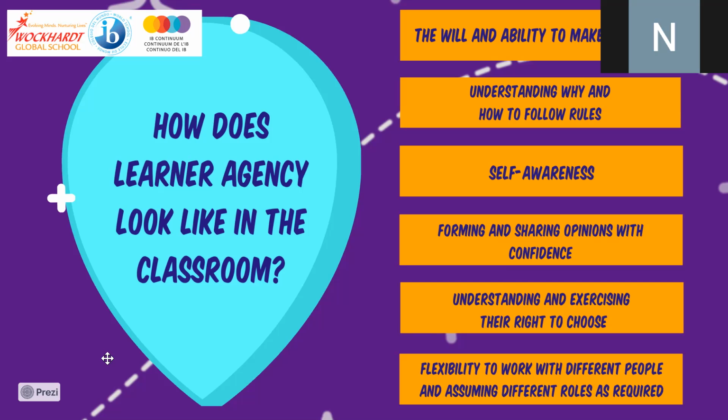In some settings, you'll need to be the leader. In some settings, you need to take a back seat and let other people lead, because that might be their strength at that point of time. So all these things are considered with the learner at the center in an agentic classroom.